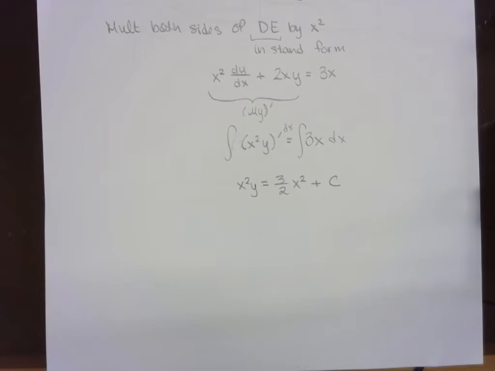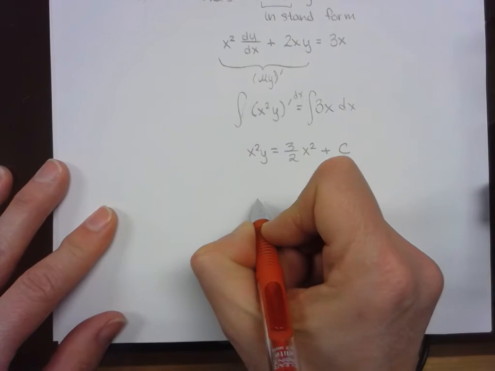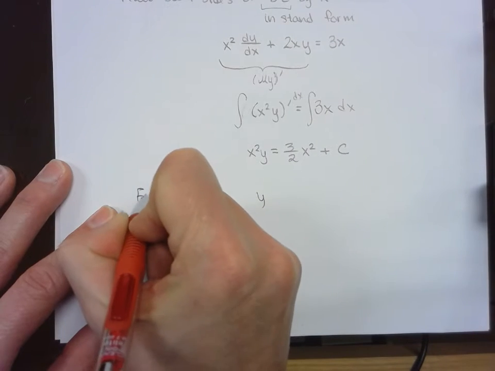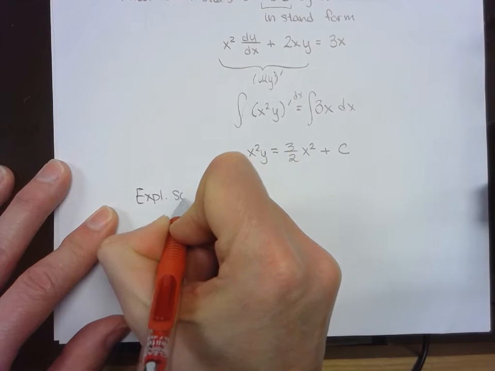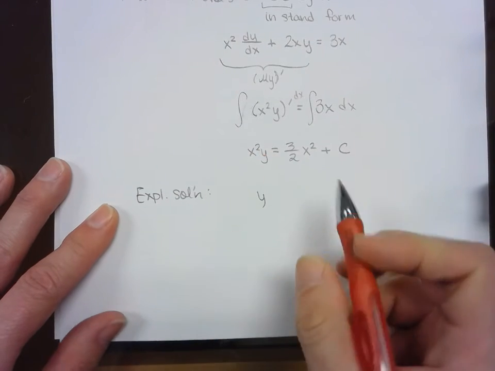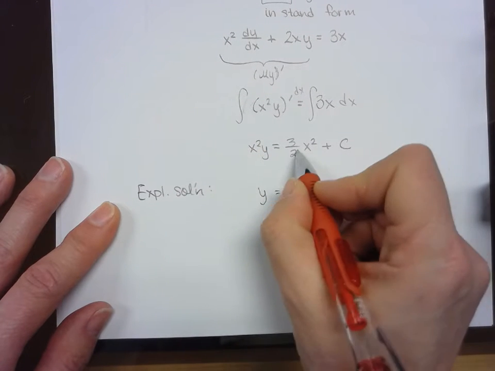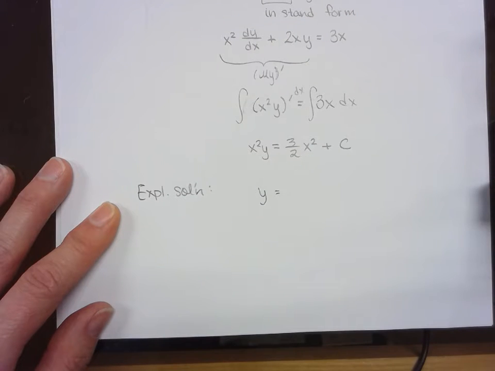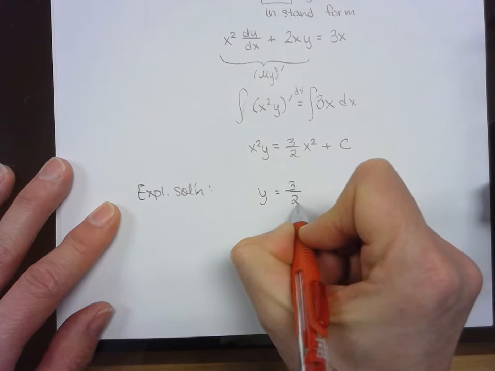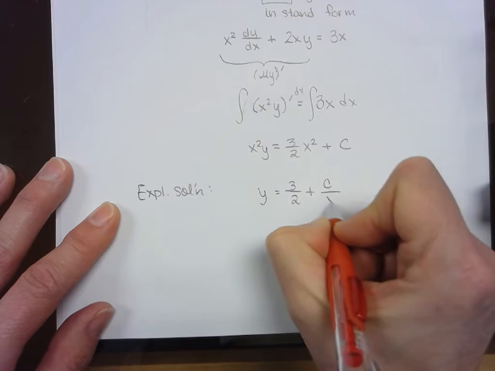And then here we can get our explicit solution by dividing through by x squared. So y equals, if I divide that by x squared, the x squareds just cancel. So I get 3/2 plus c over x squared.